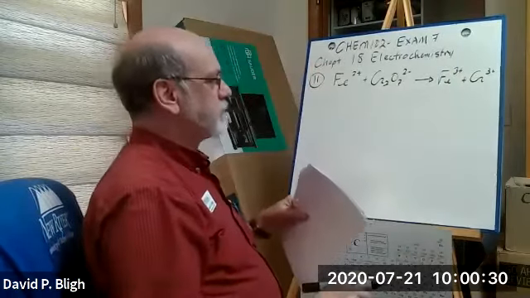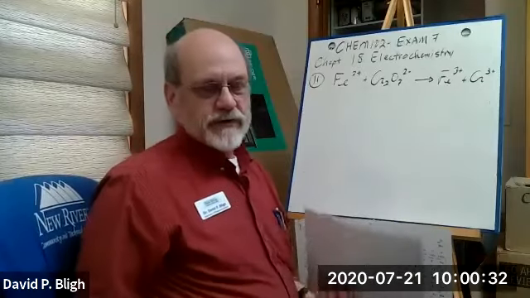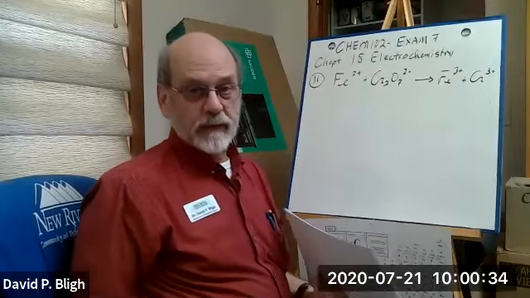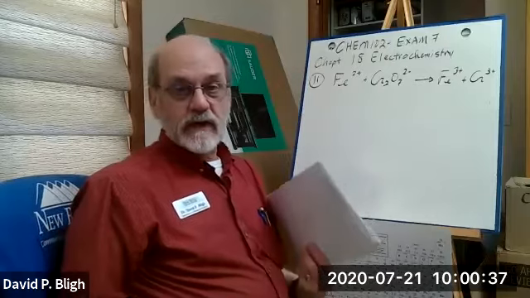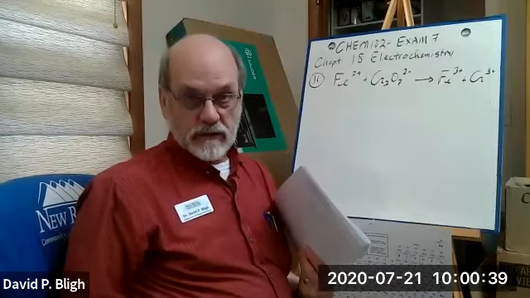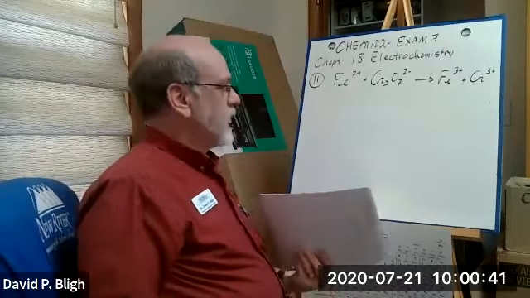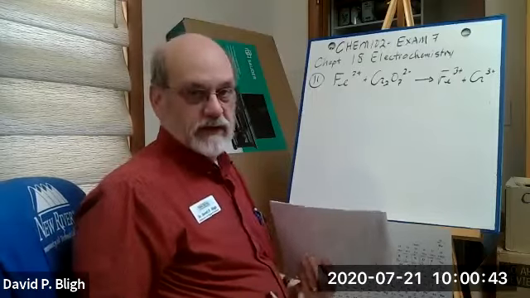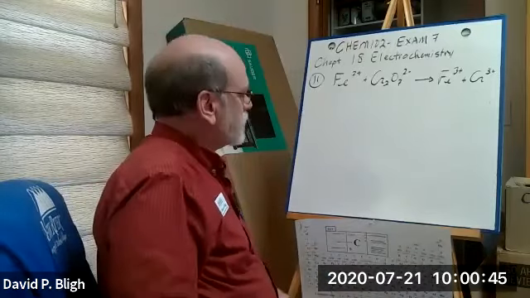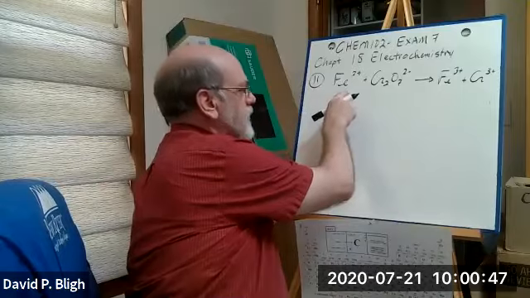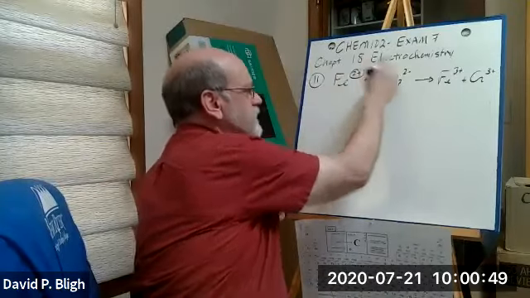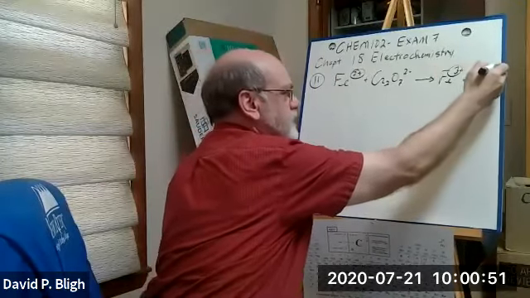Okay? So what we have to do is decide which one's the cathode and which one's the anode. Cathode is reduction, the site of reduction, and the anode is the site of oxidation. So let's see. That's a 2 plus oxidation state, 3 plus, 3 plus.